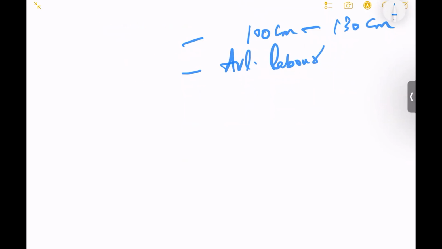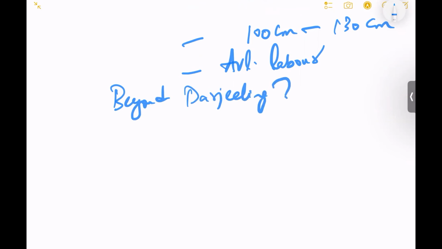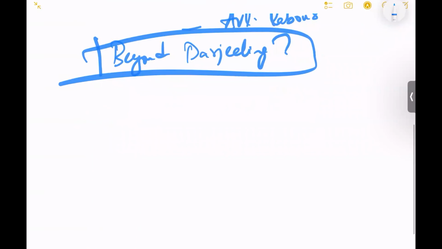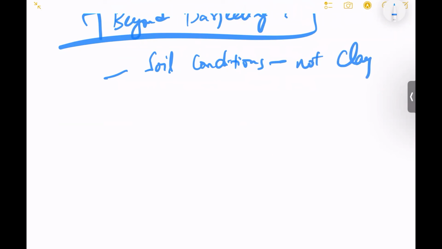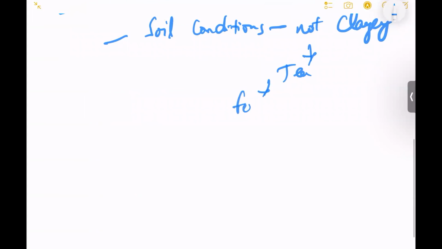Okay, so why it could not go beyond Darjeeling? So that is the question, right? Beyond Darjeeling areas, why? The answer is, the soil conditions are not clay, which is required for growing tea. Okay, and then the fertility is less.